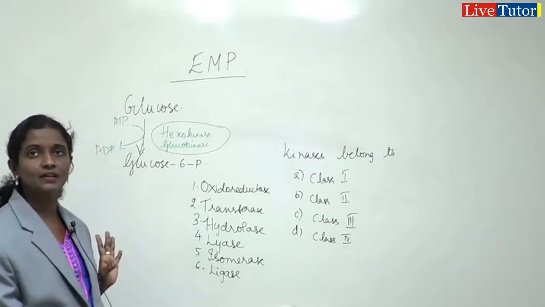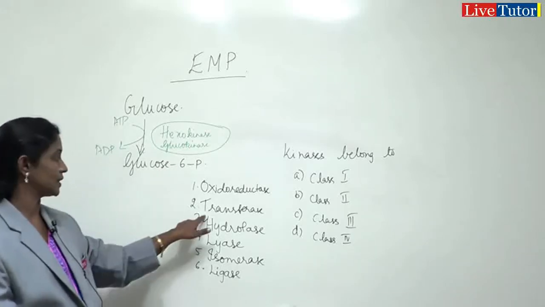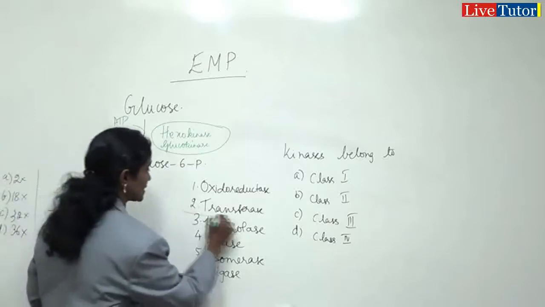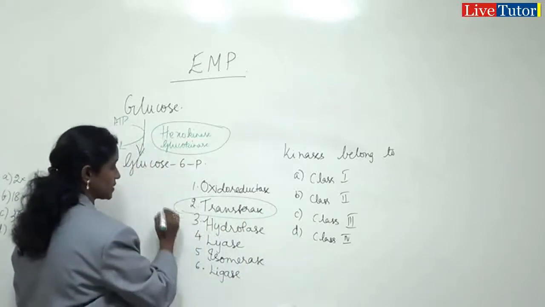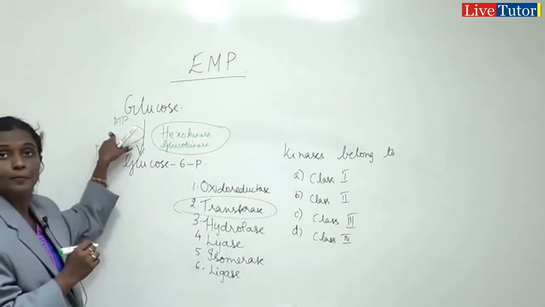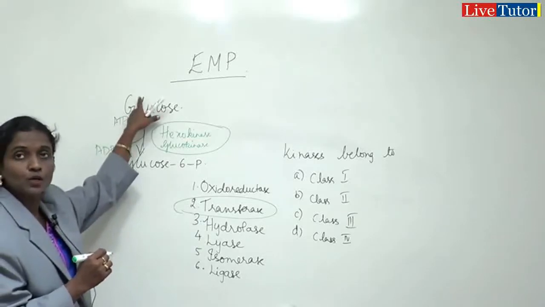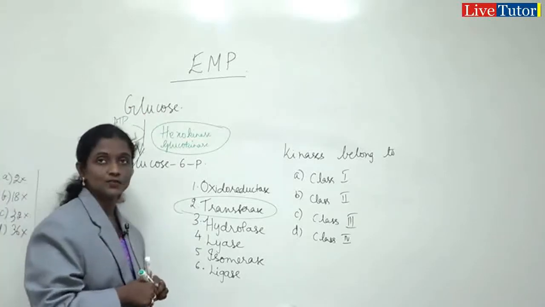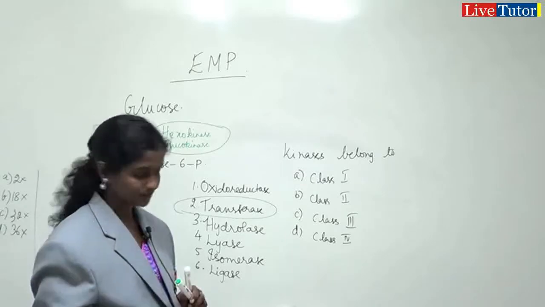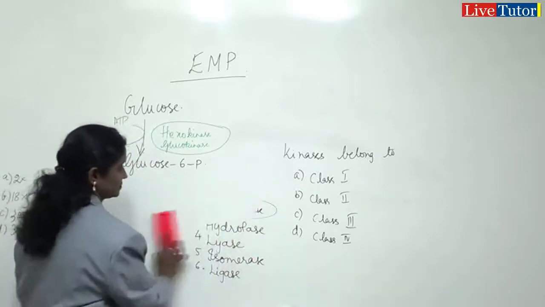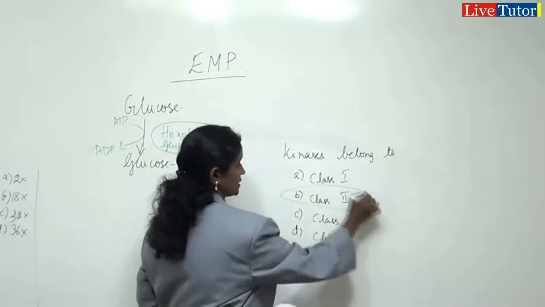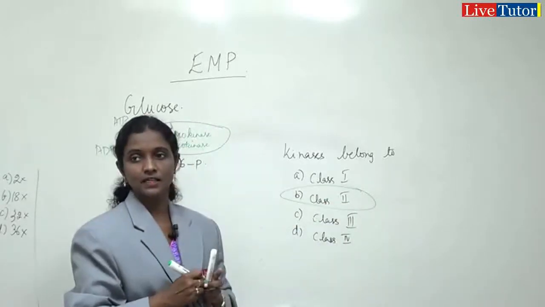So it should be a transferase, because it transfers the phosphorus group present in ATP to glucose to make it glucose 6-phosphate. Hence it is a transferase. So the answer is class 2 enzyme.